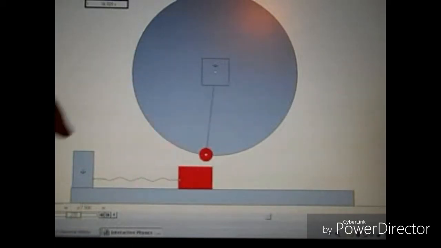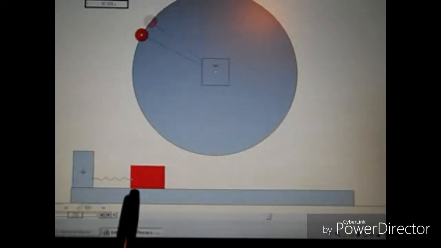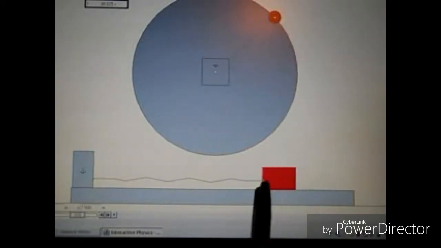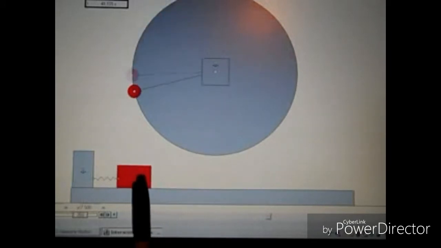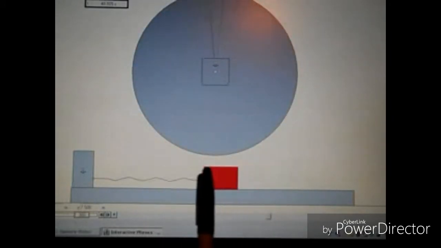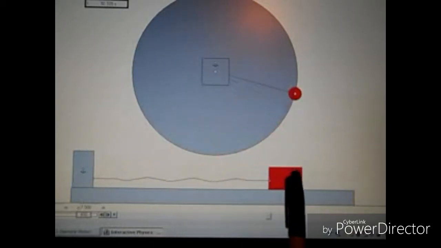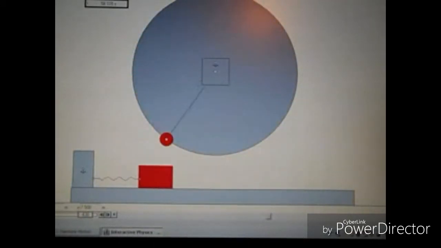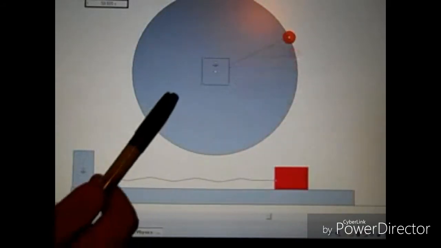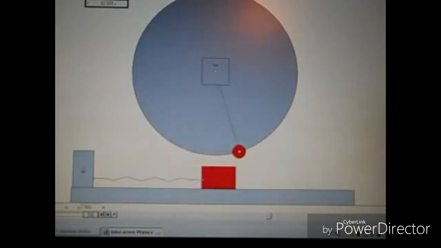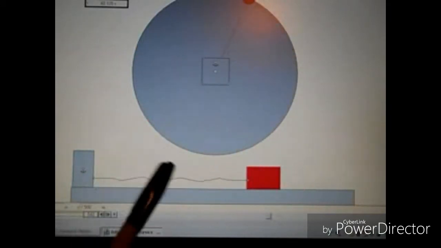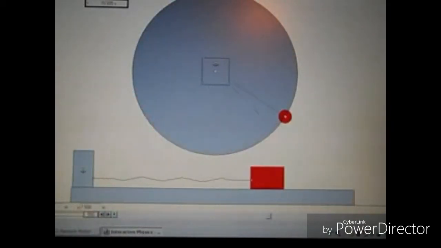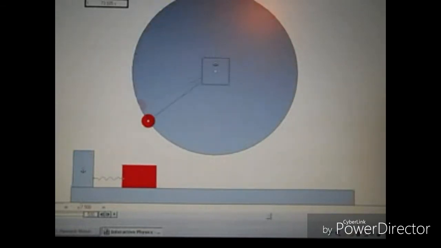The shadow of the circle is the x-component of the circular motion. It oscillates back and forth and it is called simple harmonic motion.